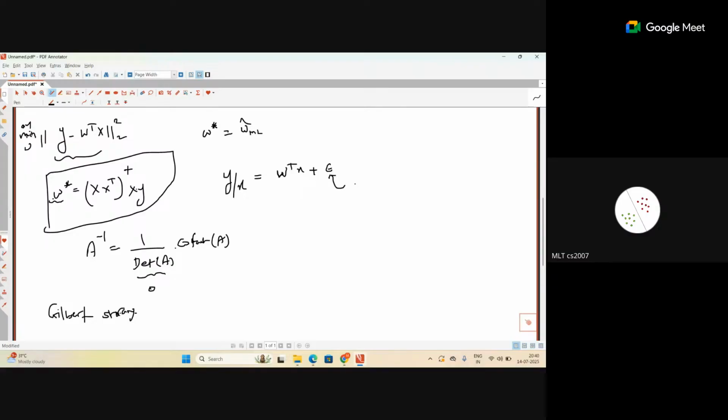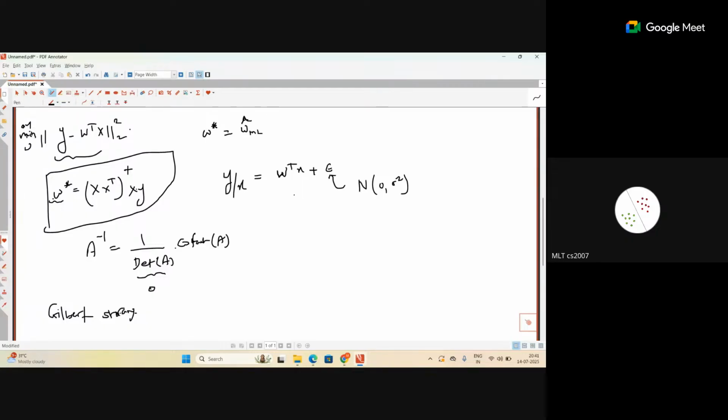It is a noise, and we are assuming that it is Gaussian noise. So each label can be replicated by adding Gaussian noise. And if I do that, the solution we found using the squared error method is the same as the solution we found using W hat ML.